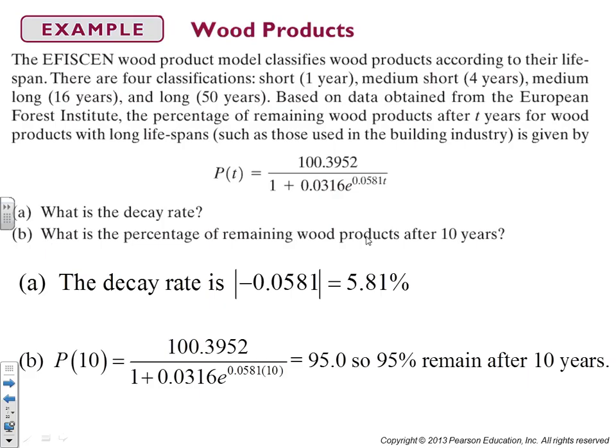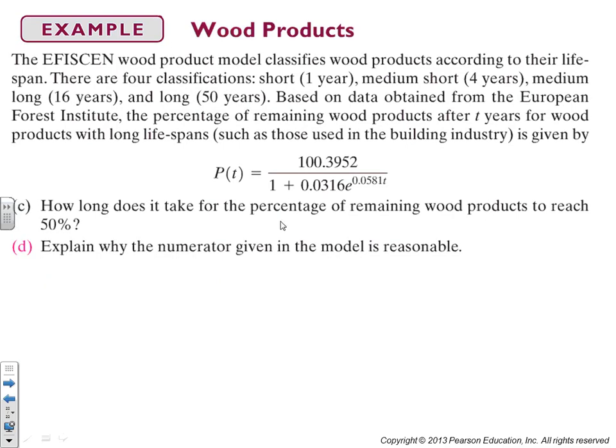What is the percentage of remaining wood products after 10 years? Plug in 10, put it in your calculator, you get 95.0. So 95% will remain after 10 years. How long does it take for the percent of remaining wood products to reach 50%? So we're going to set this equal to 50.